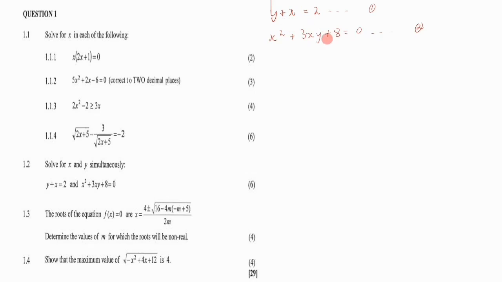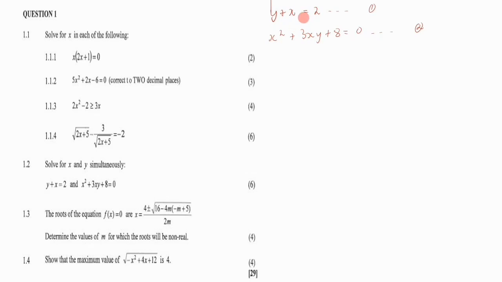If you check here, you see that here you have x squared plus 3x and then y plus 8. Now you can see that it would be best to make y the subject of the formula, because you only have one y variable here, as opposed to making x the subject of the formula, where you'll have to substitute it here and also substitute it there. So it's best to make the one that will not complicate you.